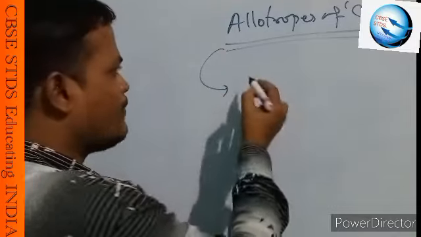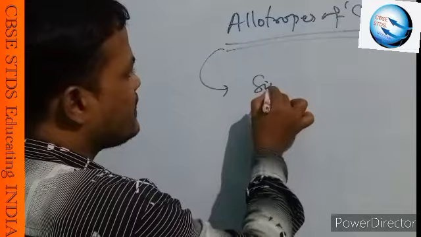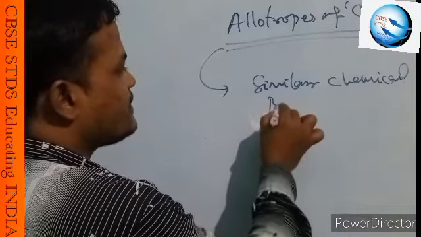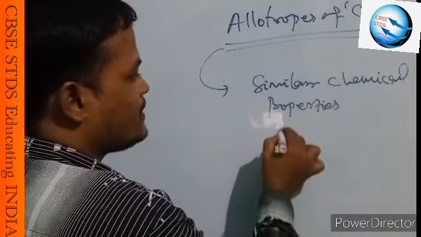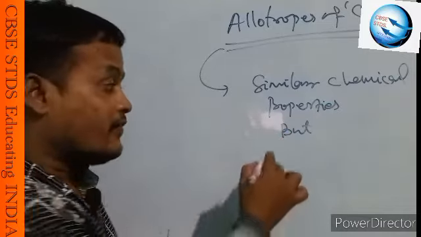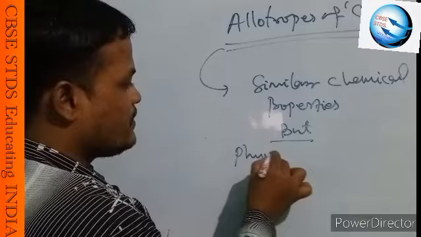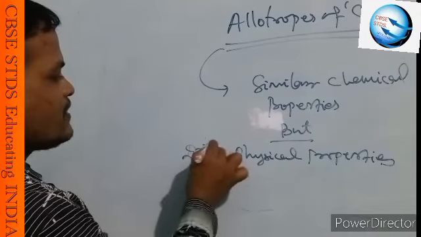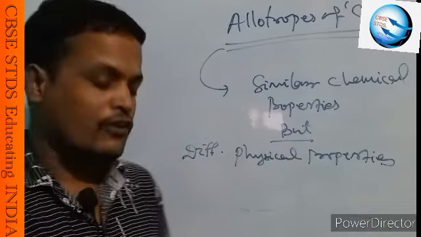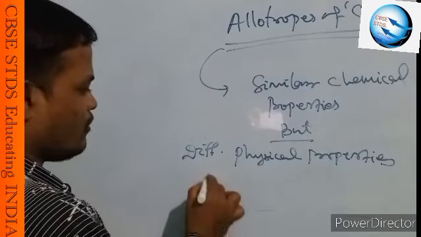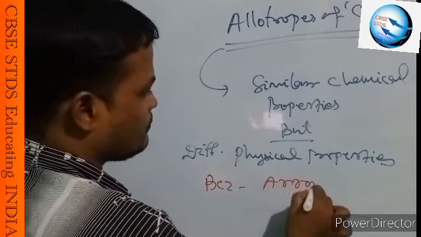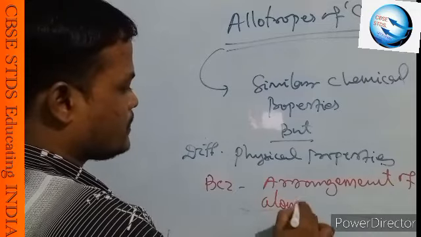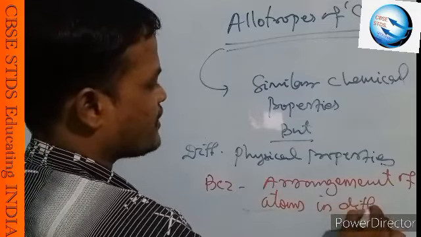Elements or atoms having similar chemical properties but different physical properties. Why different physical properties? Because of the arrangement of atoms in different ways, in different structures.